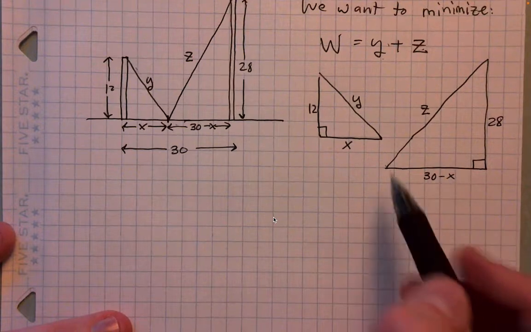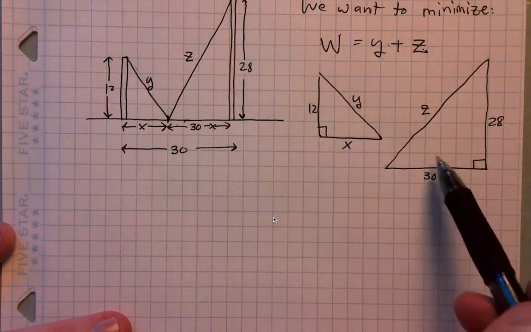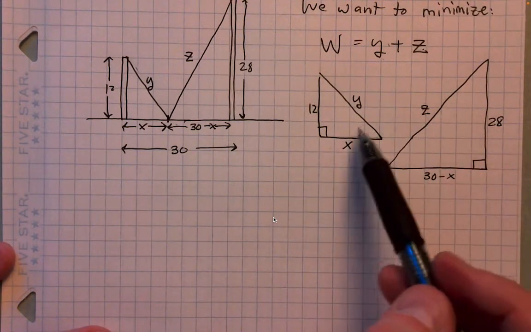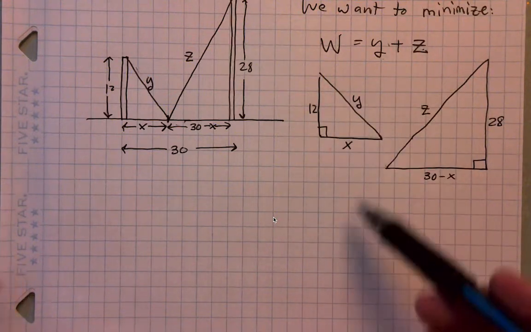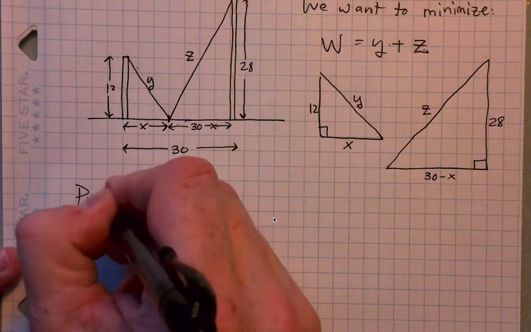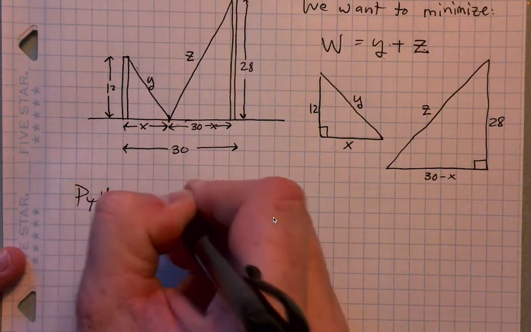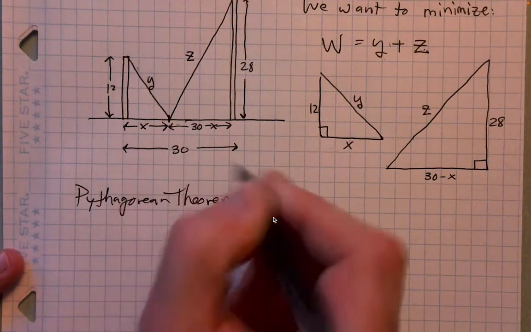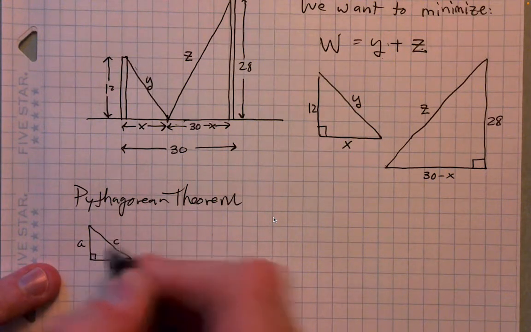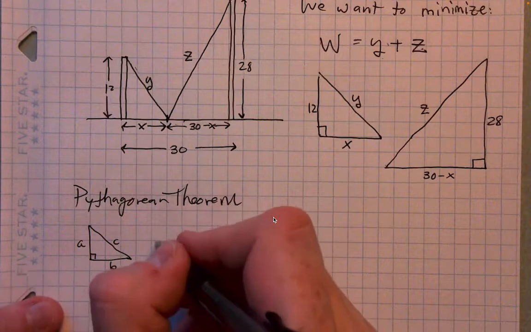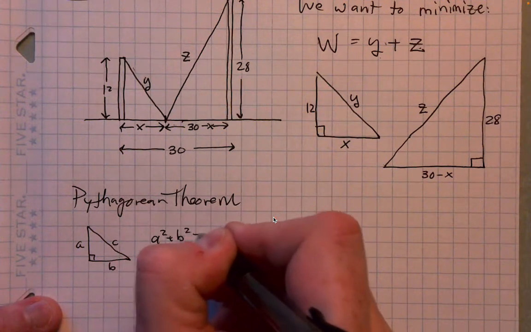The good news is both of these triangles contain x, and we can rewrite y and z in terms of x using the Pythagorean theorem. So let's just recall that. You will obviously have seen this: given a right triangle A, B, C, we know that a squared plus b squared equals c squared.